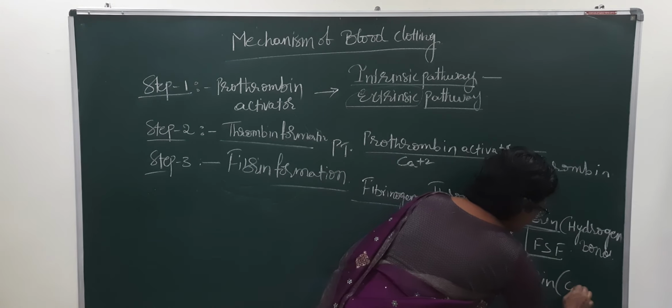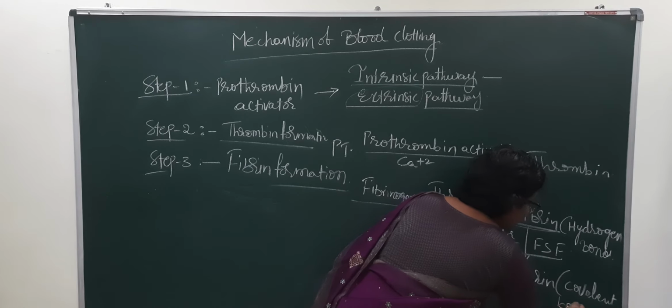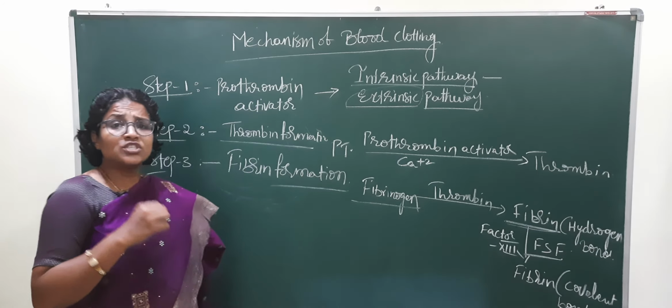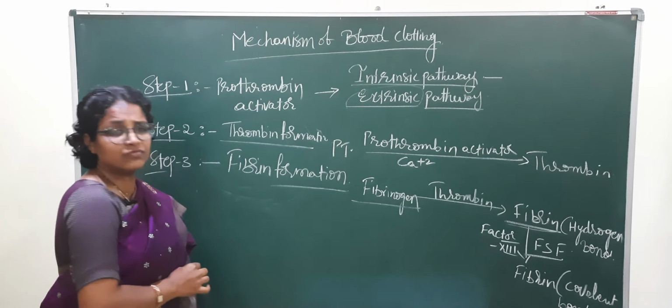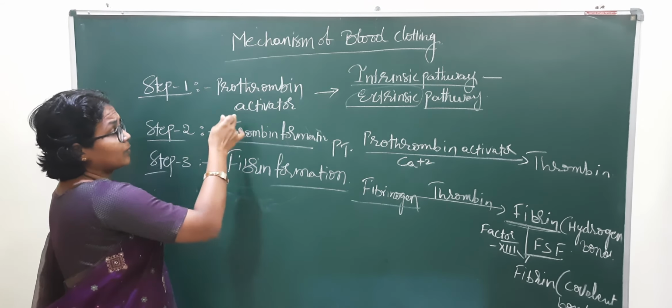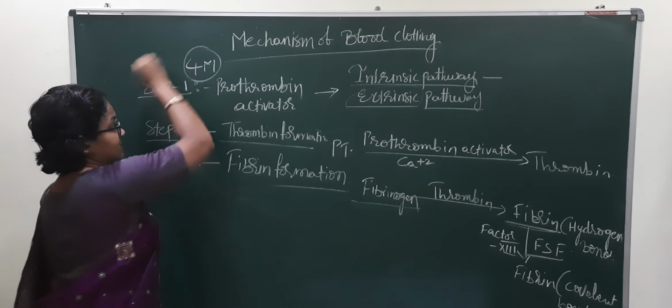What are those bonds, my dear students? Covalent bonds are formed. These covalent bonds are the strongest bonds. An insoluble fibrin is formed. This is about the mechanism of blood clotting, very important for the 4 marks.